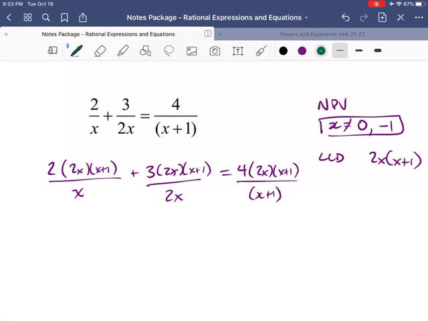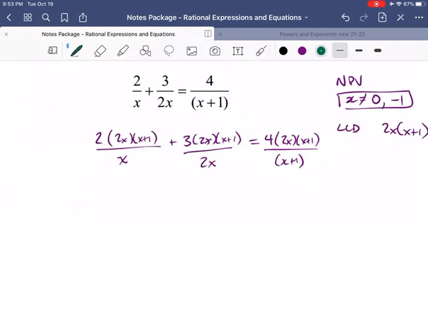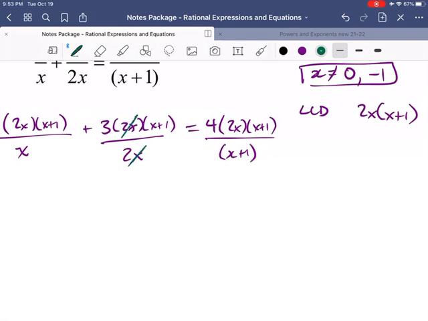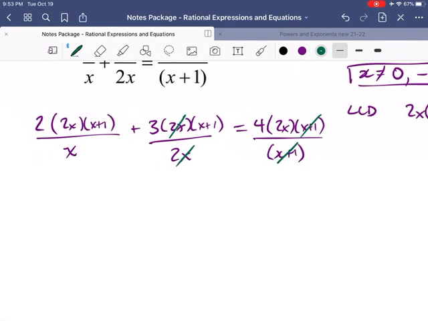Let's go ahead and simplify some stuff. The 2x and 2x, the x plus 1 and the x plus 1. And over here, the x and the x actually simplify.